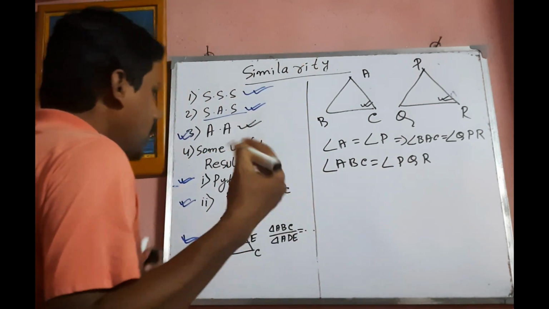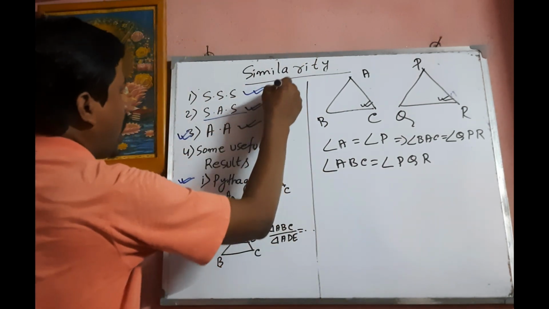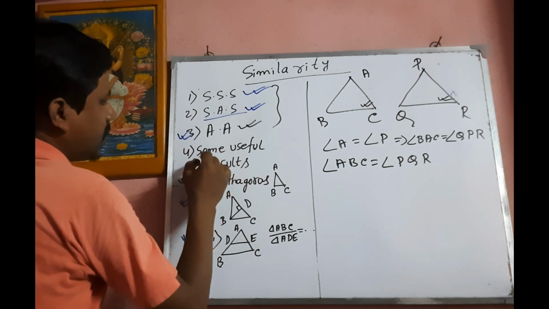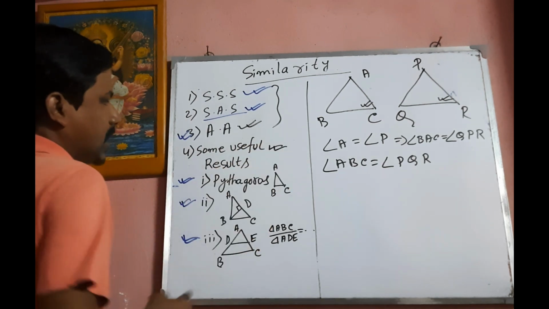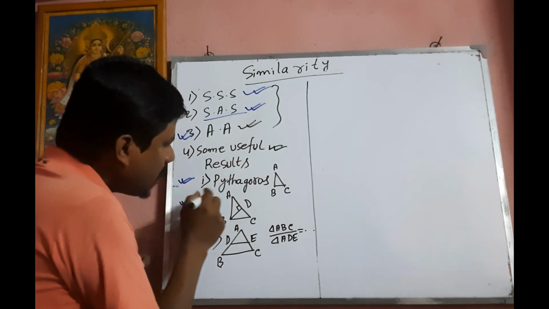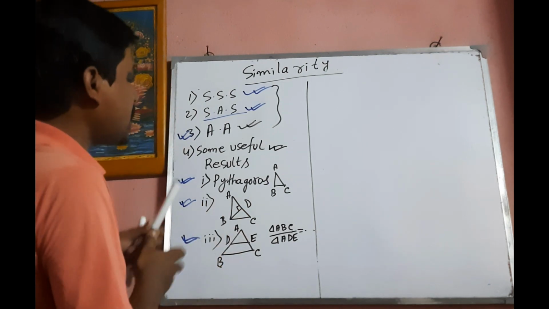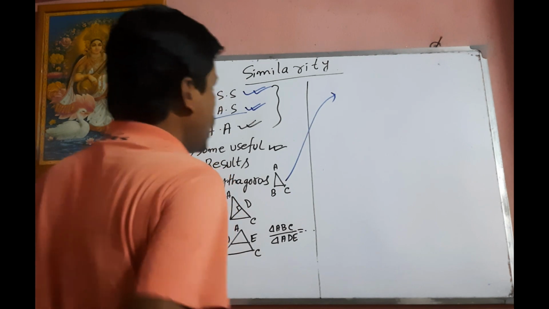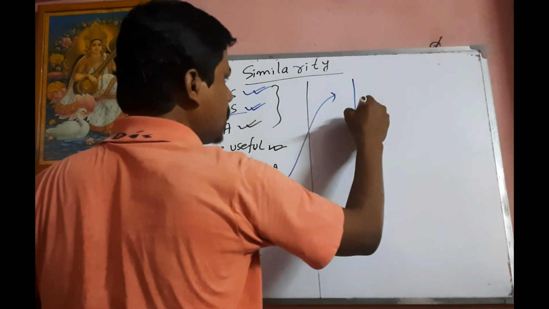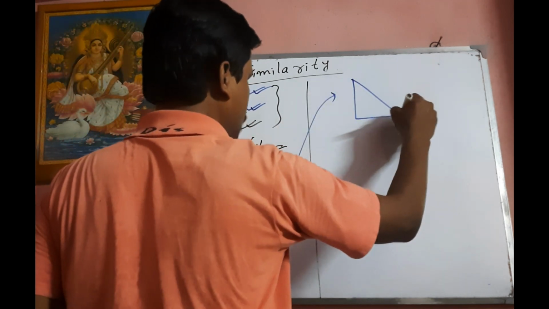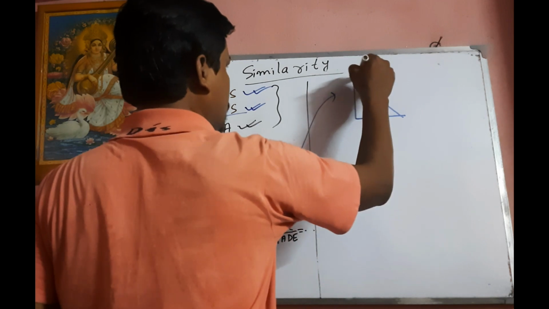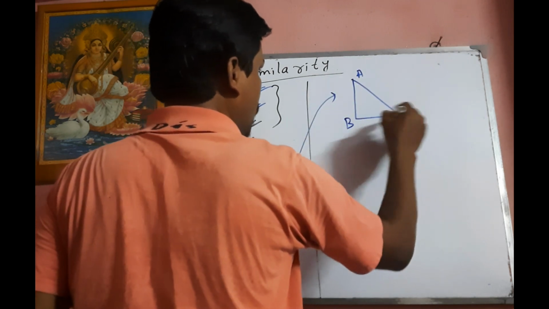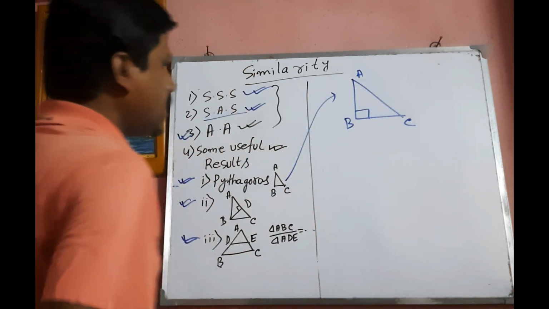Now after completing 1, 2, 3 we are discussing some useful results. At first we are discussing Pythagoras. In this, the triangle is ABC and this angle is 90 degrees.